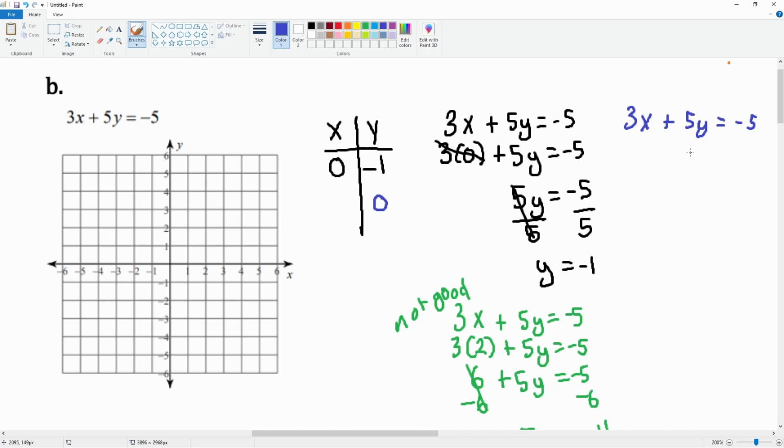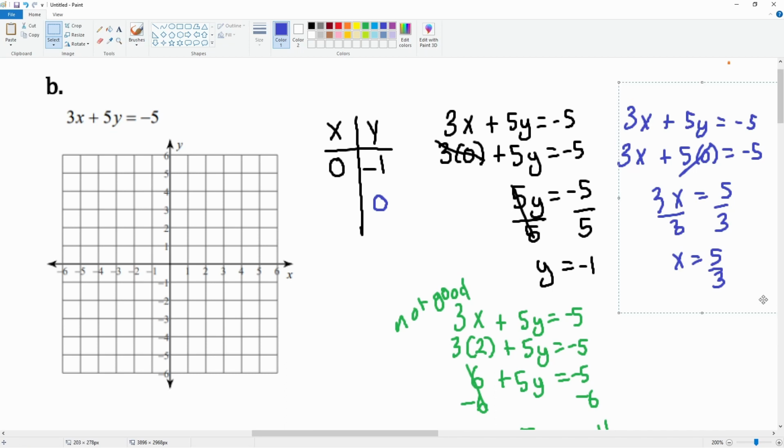Look, 3x plus 5 parentheses 0 is equal to negative 5. This cancels. 3x is equal to negative 5, divided by 3, divided by 3. x is equal to 5/3. Still does not work.